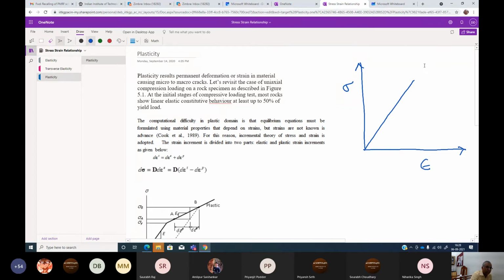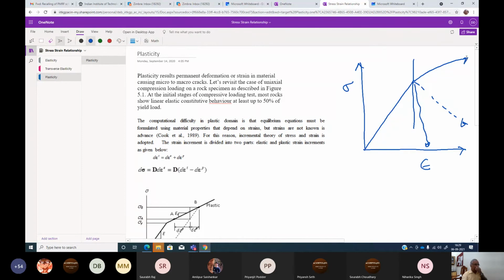I'm drawing a Hooke's characteristic. Now, after this, it can go this way, it can go this way, it can just fall like this.